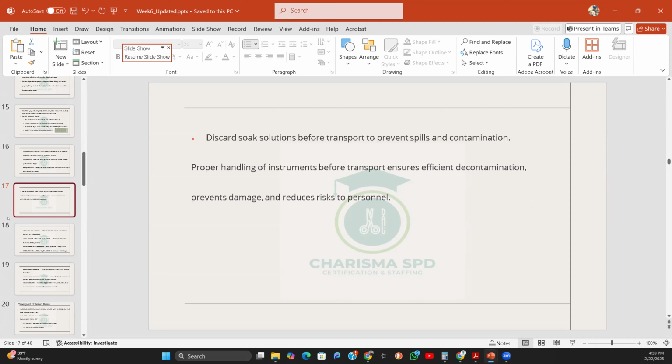All we need to do is empty the content of the container. When we do that, we reduce the weight of the transport and we eliminate the likelihood of spillage that will expose other team members to any hazard of any kind. All right. Next slide, please.